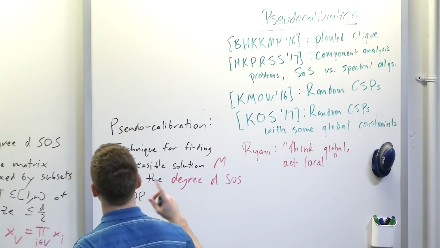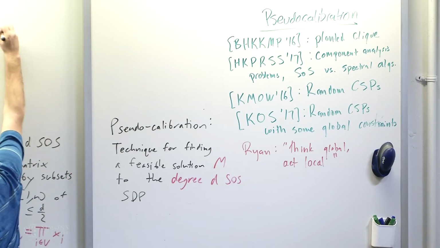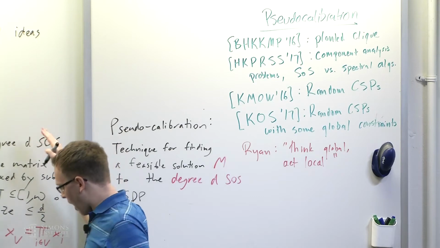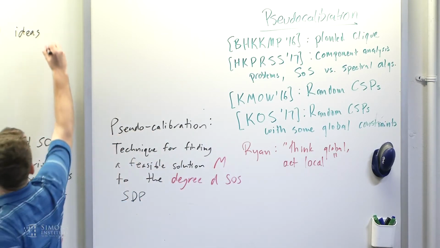Actually, before that, let me give some general ideas for how you'd write the degree D sum of squares in general.